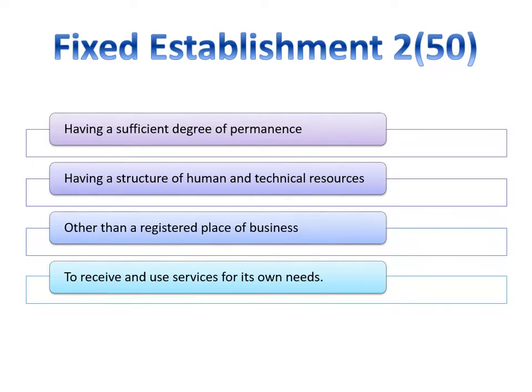Basically, these are tests that have been given in the definition to consider a place as a fixed establishment. But not every temporary or interim location, such as a project site or transit warehouse, will become a fixed establishment of a taxable person. The temporary presence of staff in a place by way of a short visit does not make the place a fixed establishment.